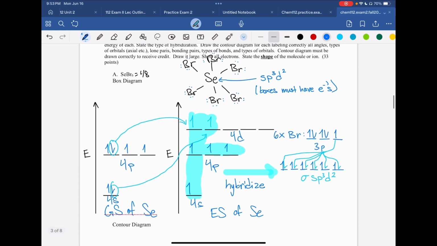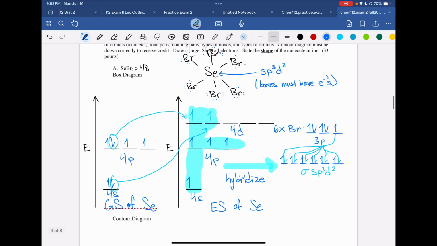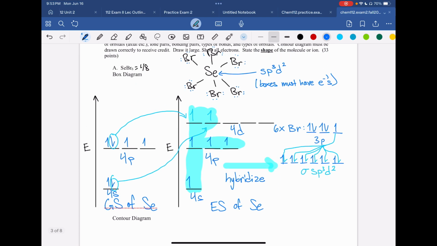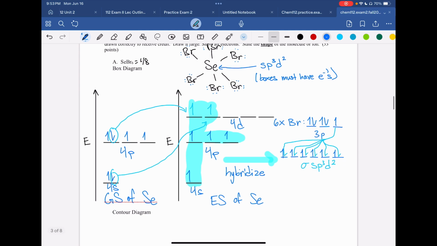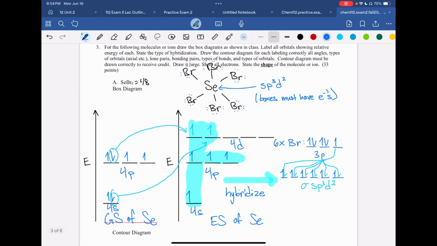Okay, so your contour diagram is essentially the same as the VSEPR. Okay, so I pretty much drew it as the VSEPR, right? It was like this, essentially in those specific angles, okay? But your contour diagram, instead of wedges and dashes, it's kind of like little balloons, okay? For a single bond.